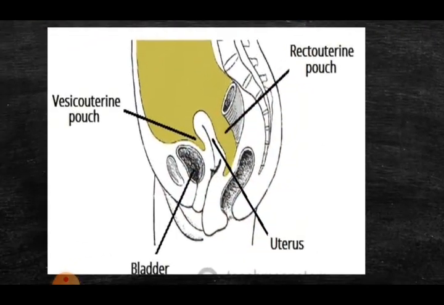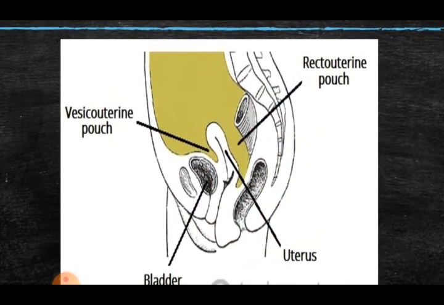We are now familiar with the relations of the various pelvic organs. We know that the urinary bladder lies anterior to the uterus, and the rectum lies posterior to the uterus. So when the perimetrium, that is basically the peritoneum, folds up onto the upper surface of the urinary bladder, and it covers the fundus and the body of the uterus, then it forms a pouch that is called the vesico-uterine pouch.